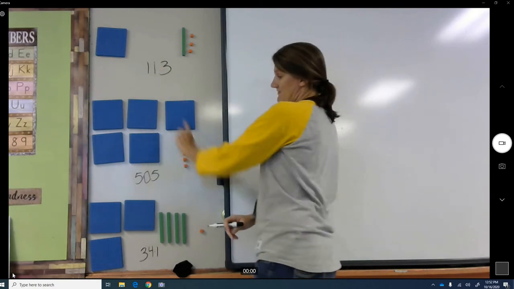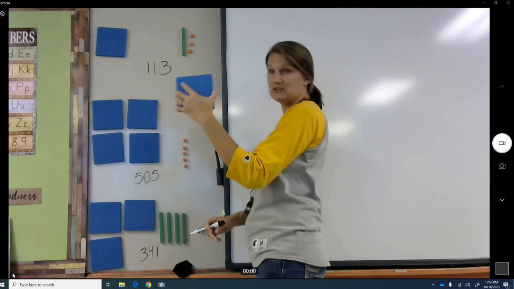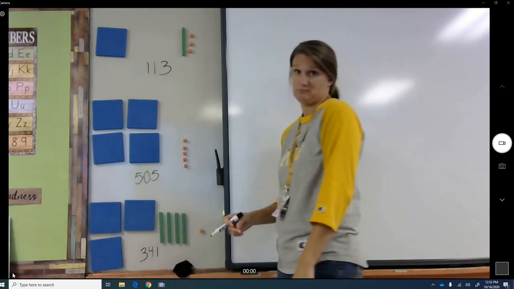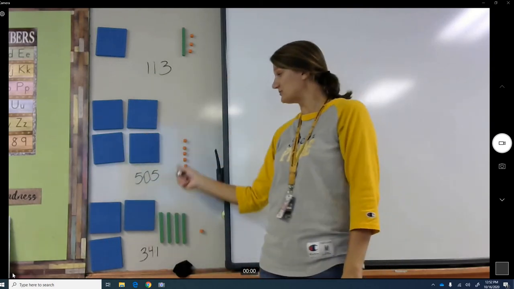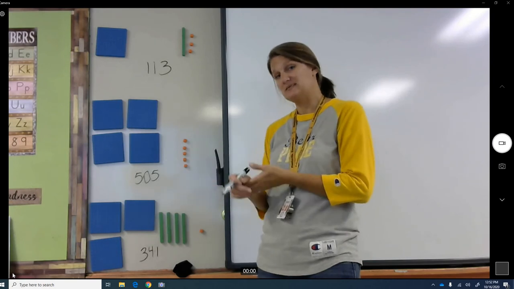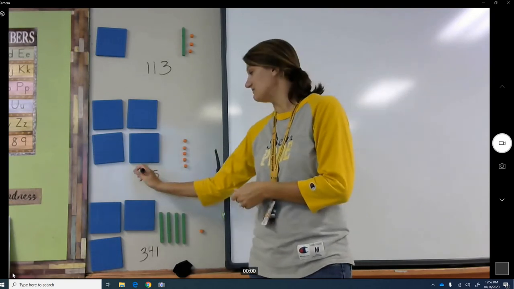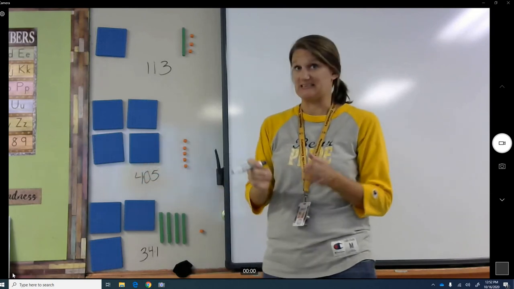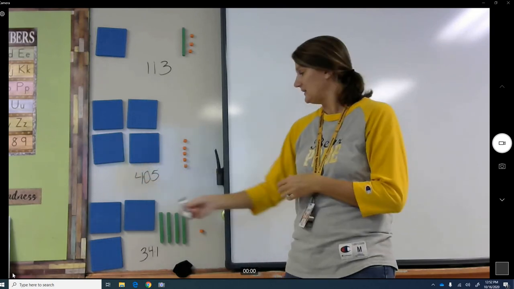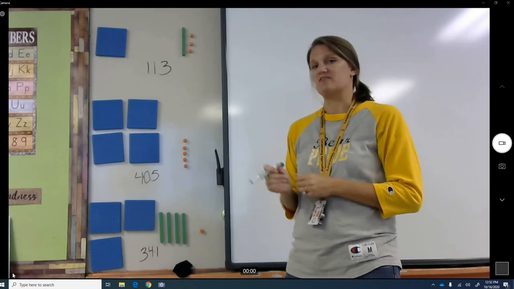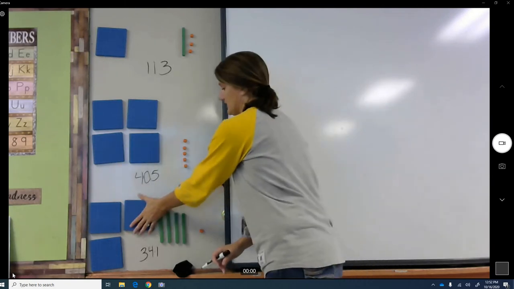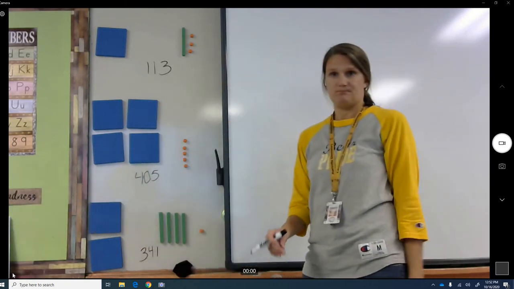Same thing on 505. 100 less. I take the 100. It's gone. So do I have 505 if I have 100 less? No. I have 405. It changed the hundreds because I took 100 less. What about 341? If I have 100 less, I just take 100 and I get rid of it.